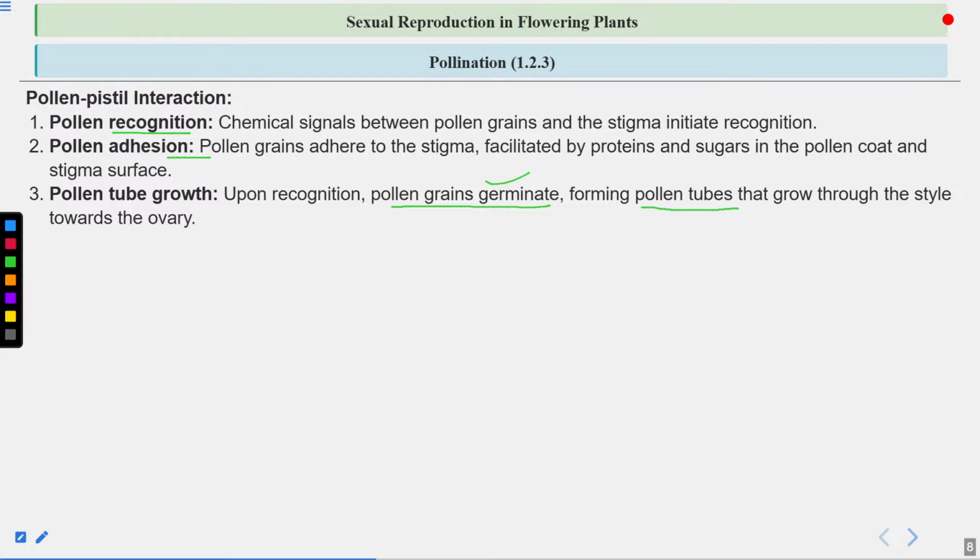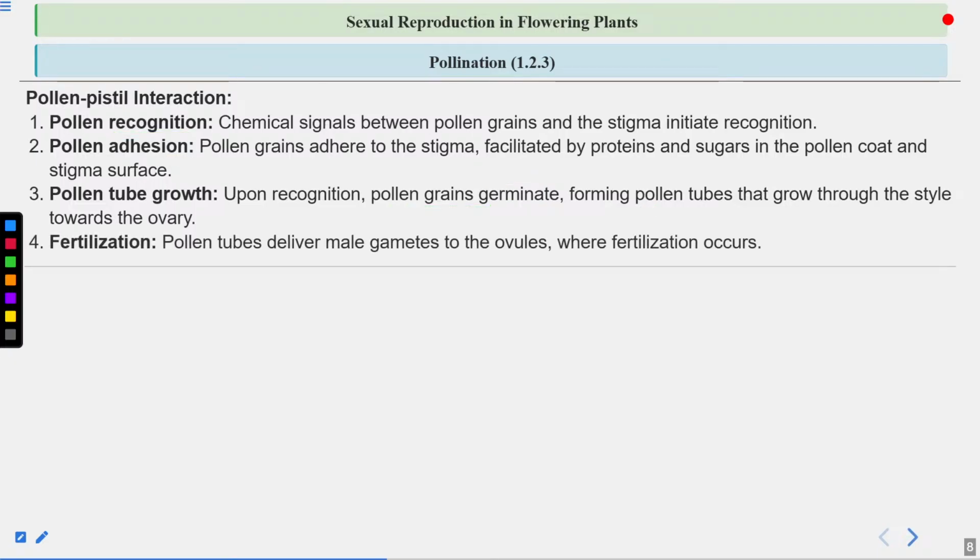And from that point only the germ tube emerges. Now, once the germ tube emerges, it penetrates the stigma, and the style also.